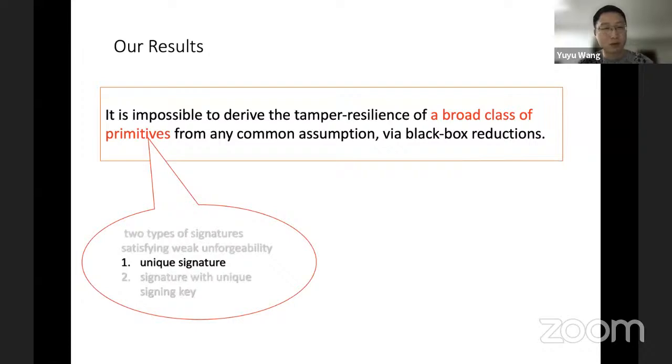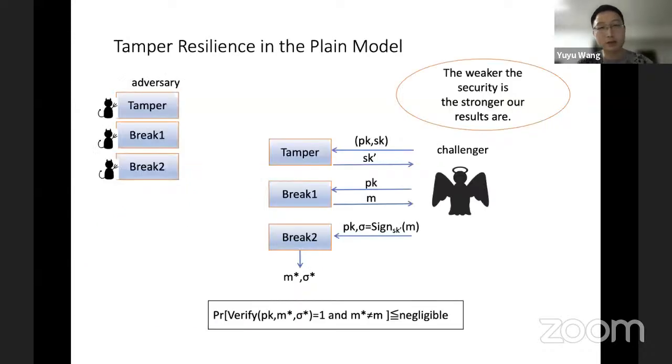And now I will briefly introduce our intuition. We will use the unique signature as the example. Here is our tamper resilience model. In our model, the adversary consists of 3 components: Tamper, Brick 1, and Brick 2. Notice that the 3 components are independent of each other, and they cannot communicate with each other.